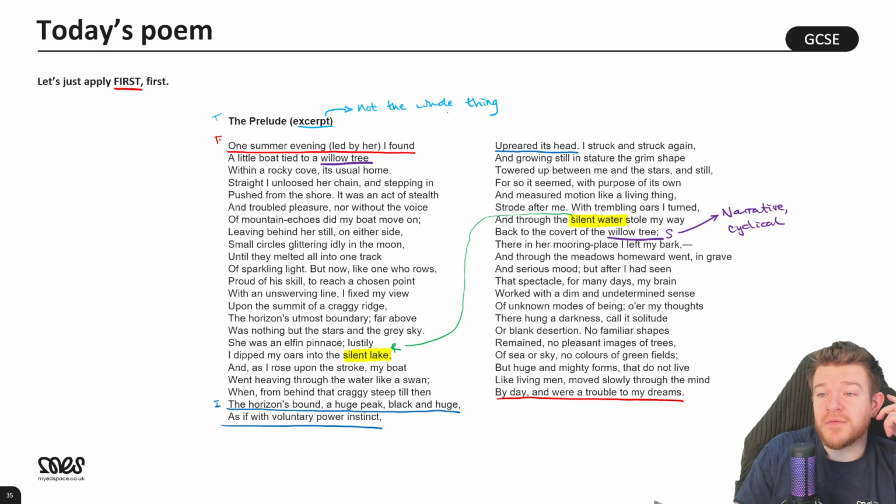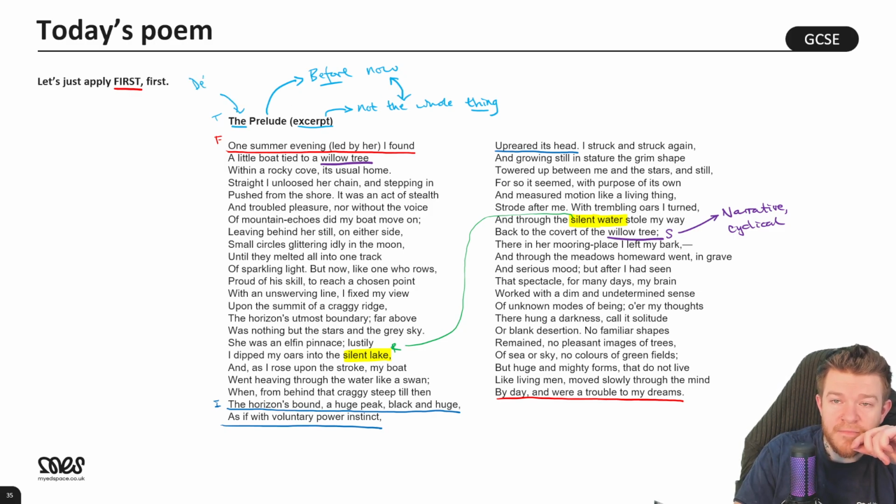So this is an excerpt. It's not the whole thing, okay? There is more to be found. Prelude, relatedly, it is the before now, so that can link to that idea as well. And then this definite article, "the", means that this is unique and most likely personal.